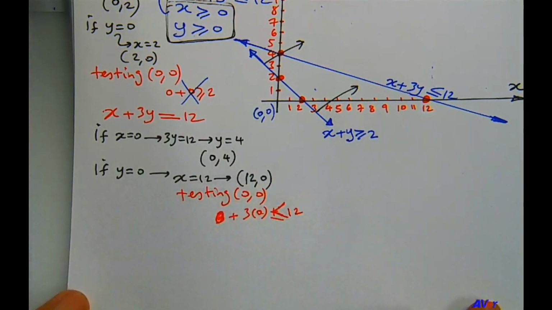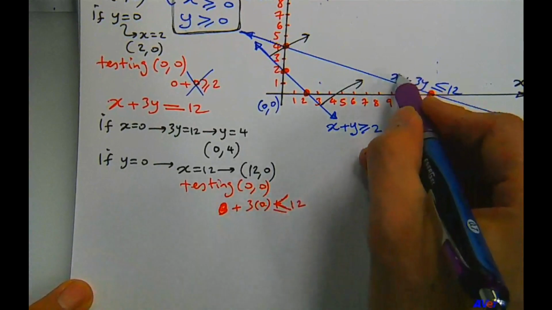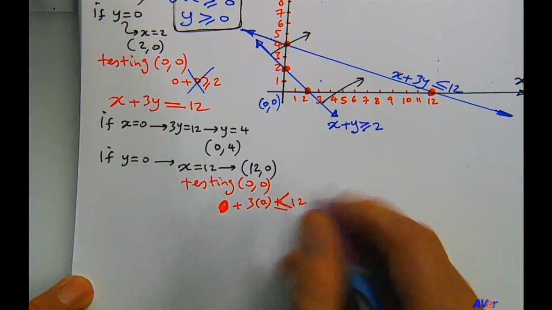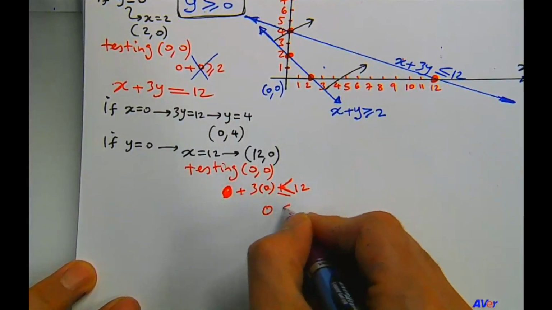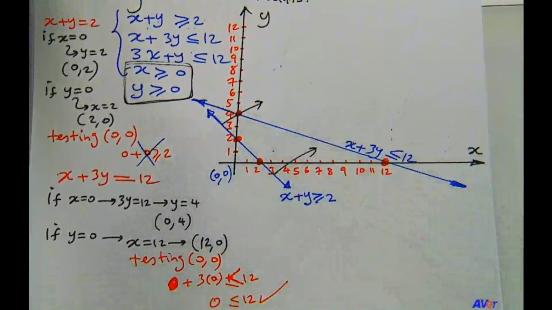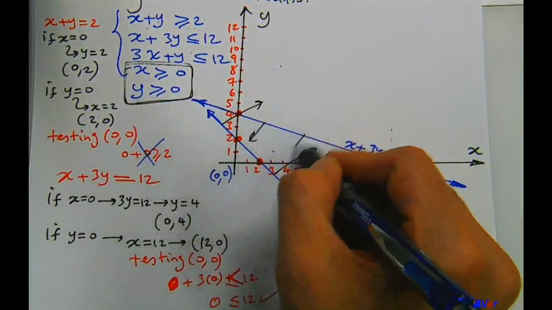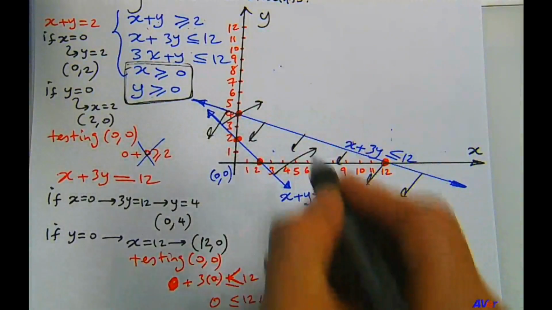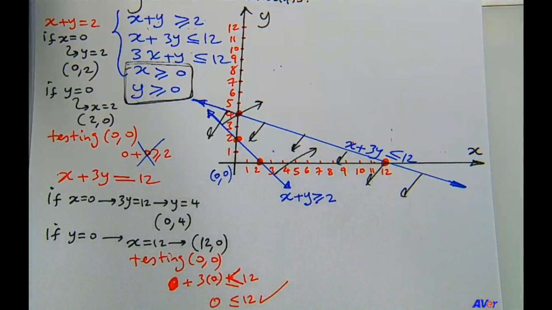Sorry about that. So x is 0 plus 3 times 0. So we end up with 0 less than or equal to 12, which is correct. So the same side as the test point, which is this side, checks out, is the solution of that one.